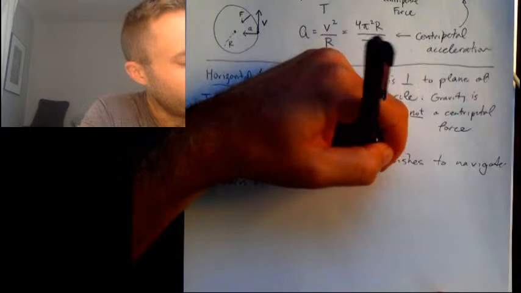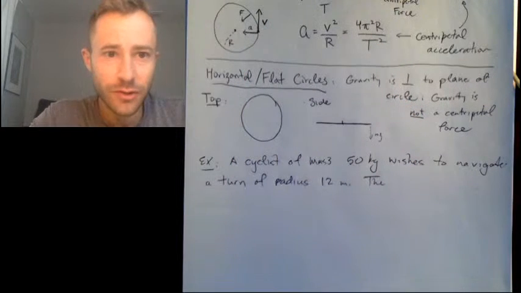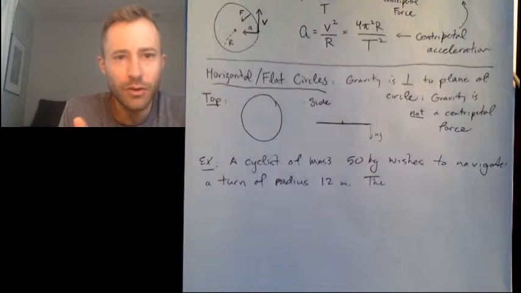The coefficient of friction. Now, if you have a cyclist, and in general, if you have any vehicle that has wheels on a road, you actually have static friction.